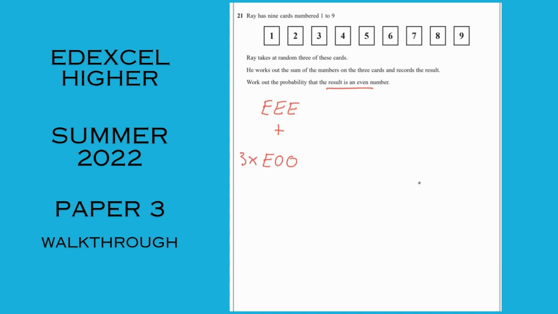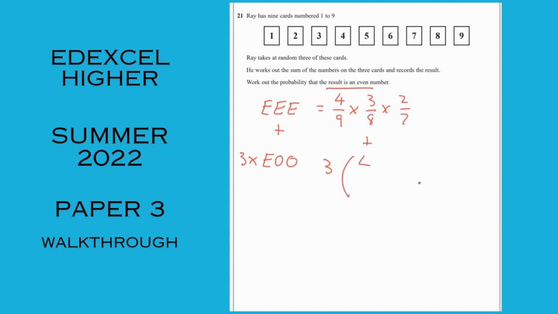So we treble it. So even, there are 4 evens out of 9. If one's been picked, there's 3 out of 8 left. So if 2 have been picked, there's 2 out of 7. And on your calcs, you're going to stick in 3 lots of.